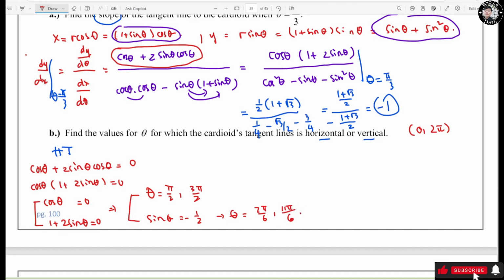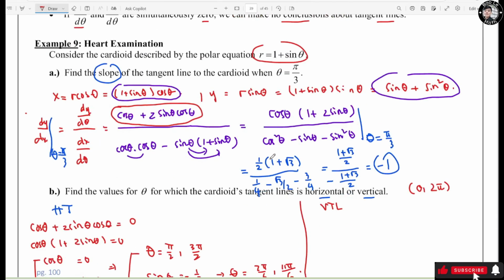Now, if you're not strong at trigonometric equations, please check out the link in the description below to review the concept in AP precalculus. Now let's move on to the vertical tangent line, which is denominator equals 0. So the denominator is this guy right here.